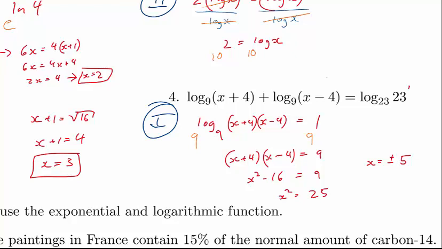You plug negative 5 into here, I'm taking the log of negative 1, and then I'm taking the log of negative 9. I cannot take the logarithm of negative numbers in this fashion, not unless there's an absolute value sign here, and there is not. So we would have to strike out the negative 5, and so the answer is simply positive 5. Okay, so that's that one.